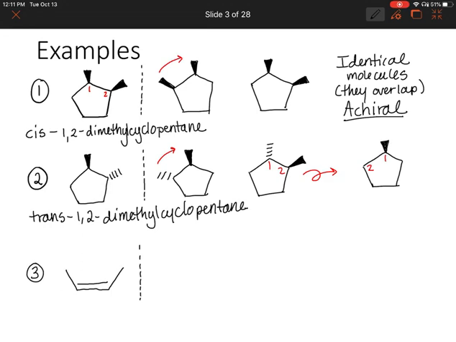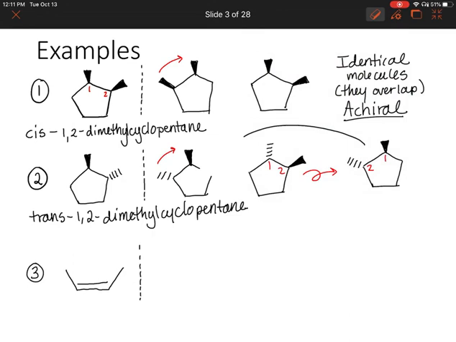So the dash becomes a wedge. Similarly, the wedge, which is pointing up, is going to point down when we flip that over. Well, that just looks like that molecule, which we already know doesn't overlap with the original one, right?